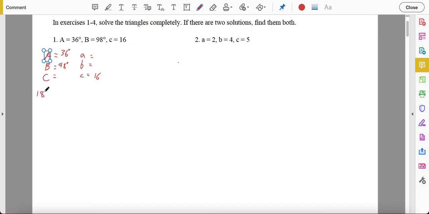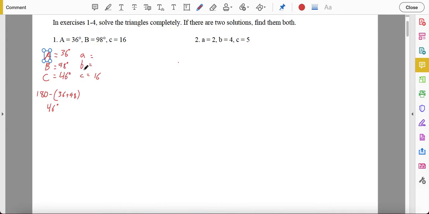So we do 180 minus the sum of 36 and 98. Those add to 134. 180 minus 134 is 46 degrees. So 46 degrees is the measure of angle C.